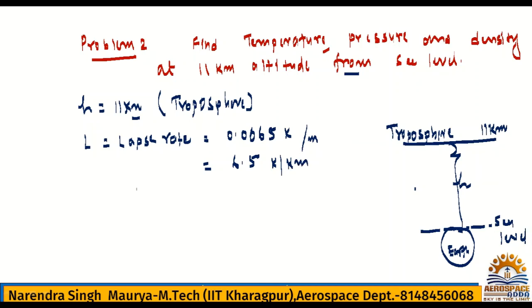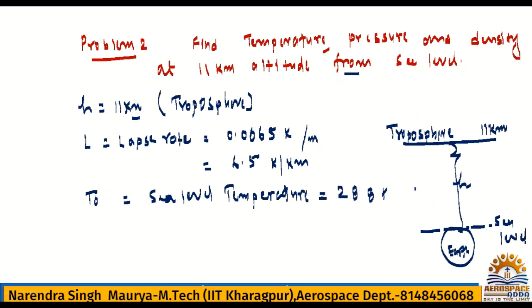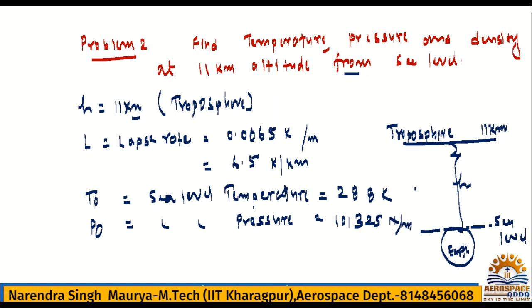What is the sea level temperature? It is nothing but 288 Kelvin. What is the pressure at sea level? It is 101,325 Newton per meter square.